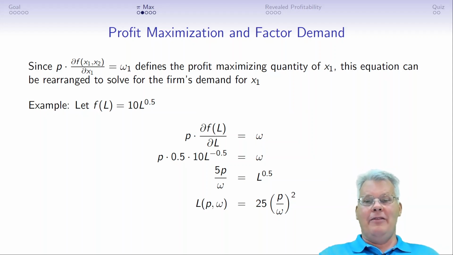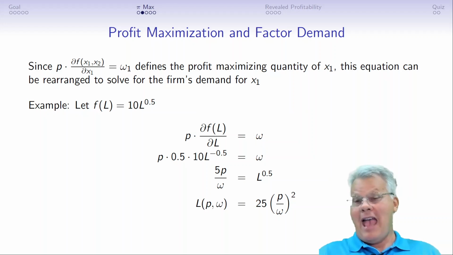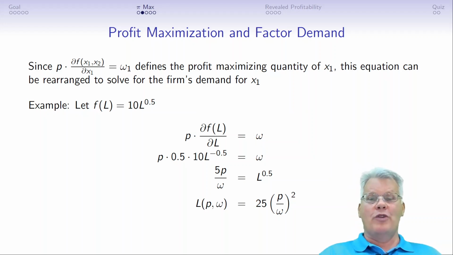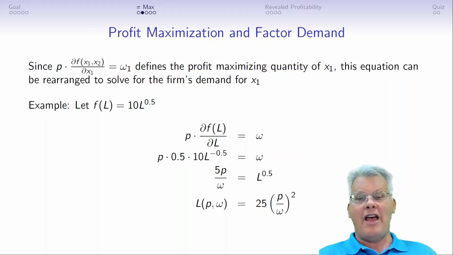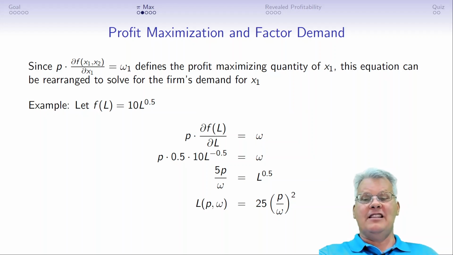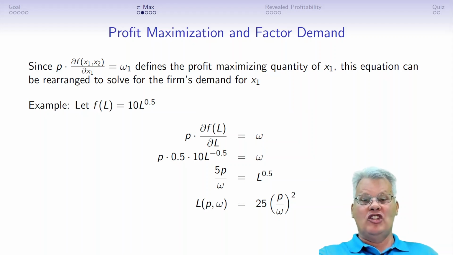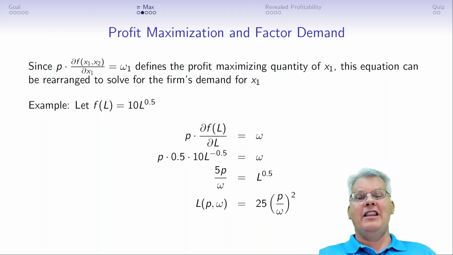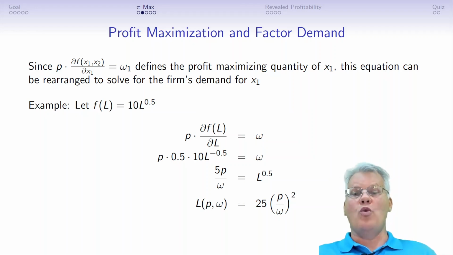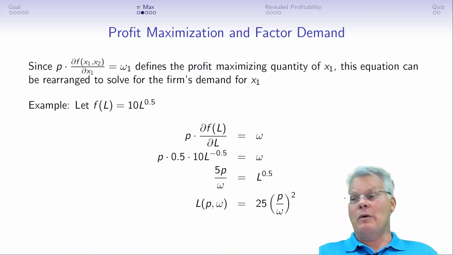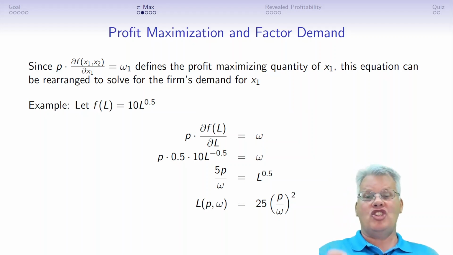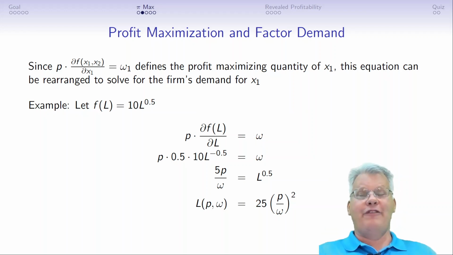If I apply my math from the previous slide, that the marginal revenue product of labor is equal to the price of labor, I put in the marginal product, and what I get through rearrangement is that the quantity of labor the firm should purchase is 25 times the price of output divided by the wage rate squared. That is what we would call factor demand. How much labor does the firm want to purchase to maximize profits?